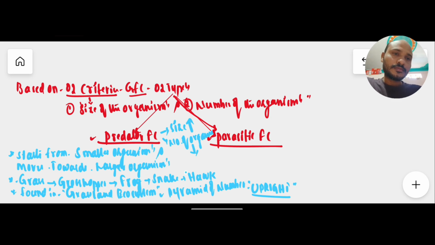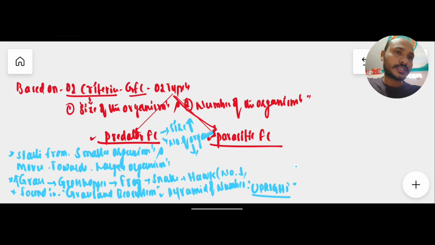Only a few top predators, so the number decreases going up, but at the bottom, at the producer level, the number is abundant. The size of the organisms increases from bottom to top, and the number of organisms decreases from bottom to top. Hence, these organisms always show upright pyramids.